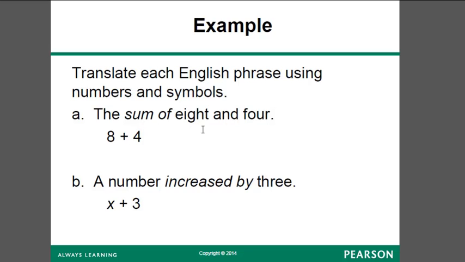The sum of 8 and 4 is the same thing as 8 plus 4. A number increased by 3 is x plus 3. Now here again, since I did not specify it, you could have used n, m, any letter here for the number.